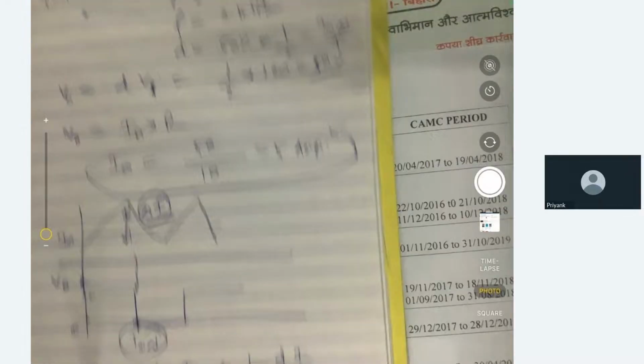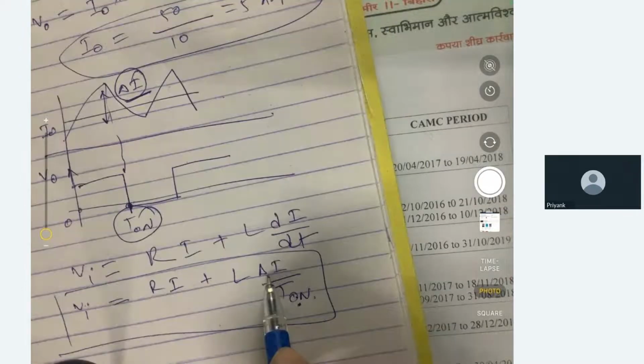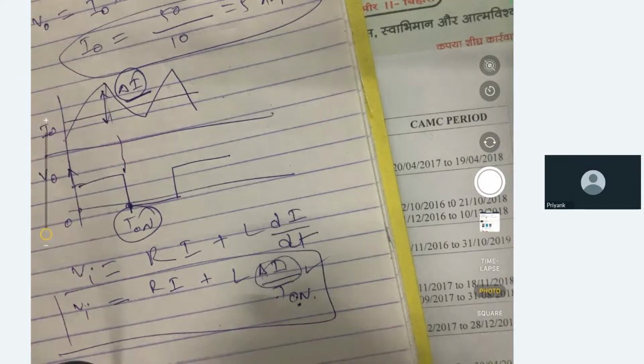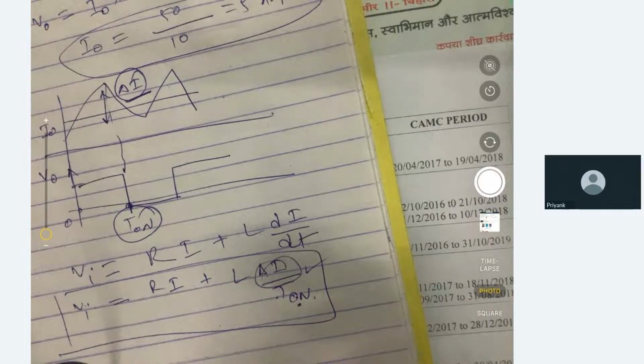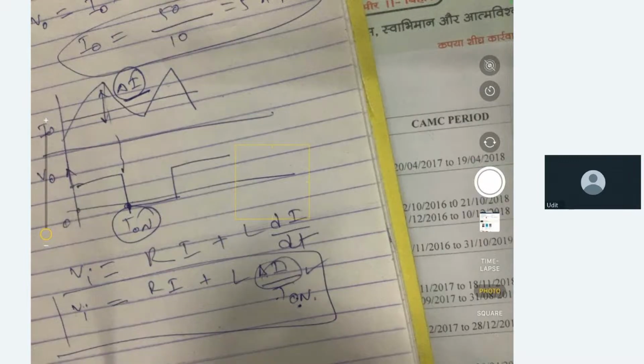And from this equation, we can find the peak to peak ripple current, which is delta I. So is it okay? Anybody comment? Is it okay, or can we do it by any other method? I think it is fine.